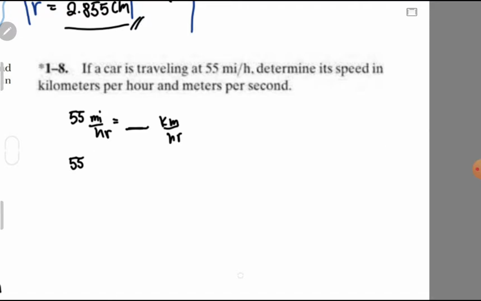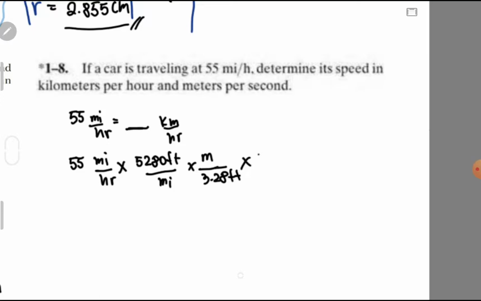So we have 55 miles per hour. Imagining that I do not know my direct conversion of miles per hour, I will first go to feet per mile, then convert feet into meters, and then convert meters into kilometers. So times 5,280 feet per mile, and we have 3.28 feet per meter, times 1000 meters per kilometer.